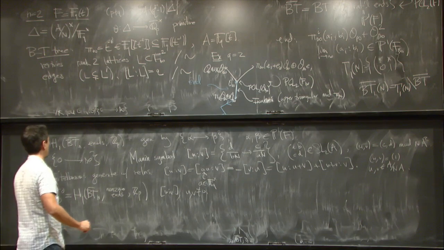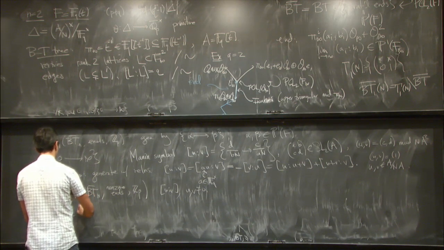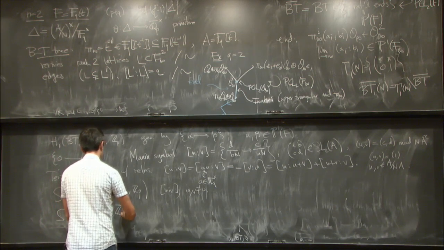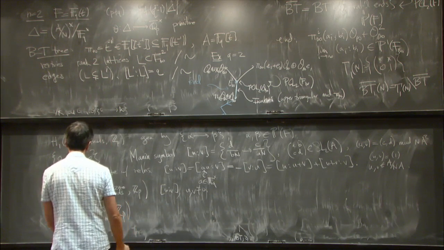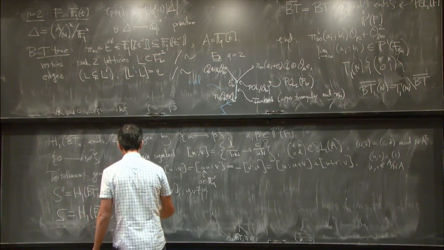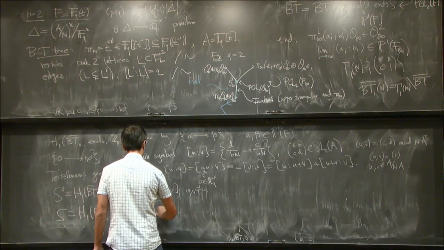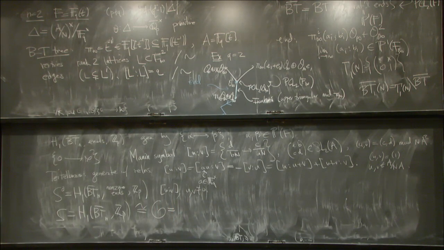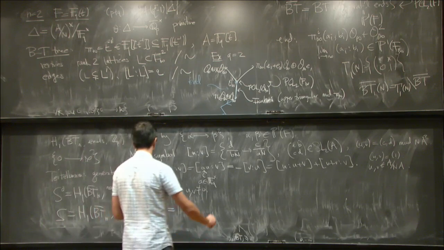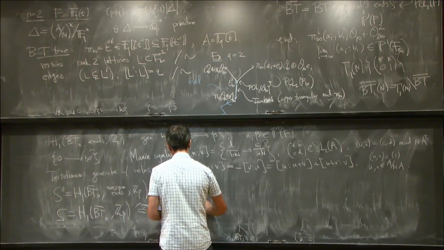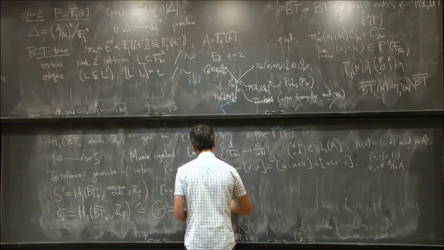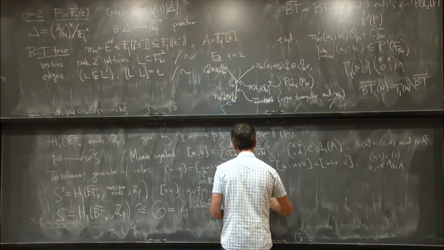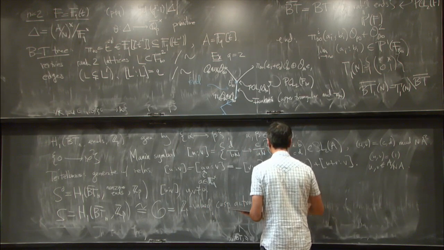OK, and the homology of the actual compactification of the arithmetic quotient, S, is in fact isomorphic to the space of ZP valued cuspidal automorphic forms that are, I guess, Steinberg at infinity.